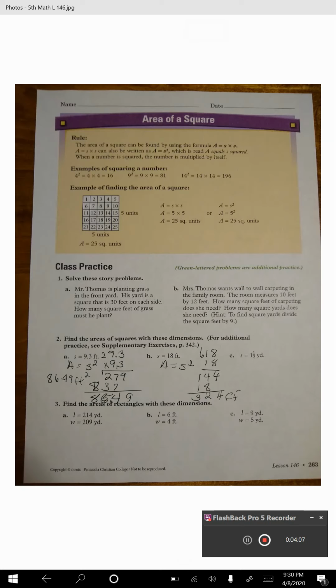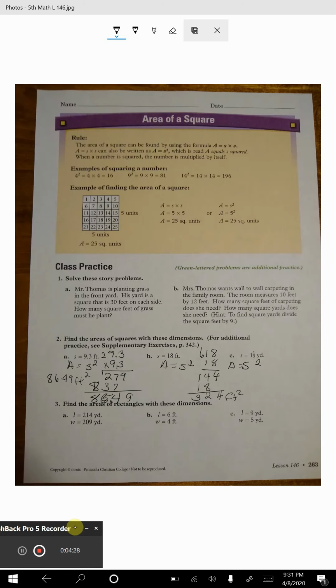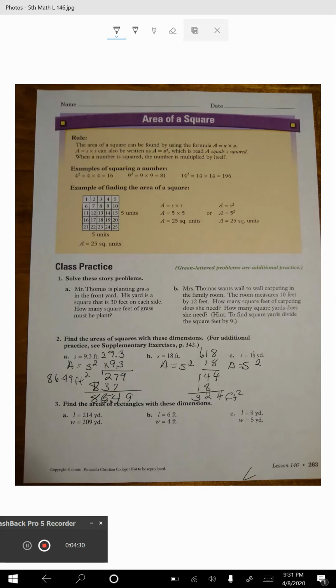Feet squared. All right, in C we have 1.5 yards. So area equals side squared. So 1.5 times 1.5. I'm going to go ahead and turn that into an improper fraction. 3 over 2 times 3 over 2.